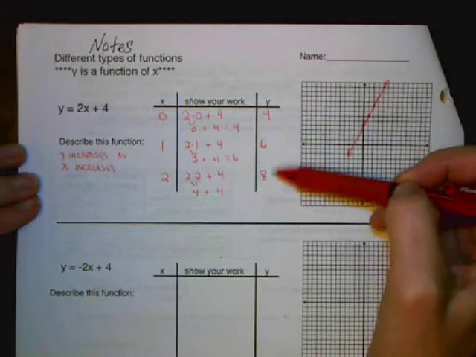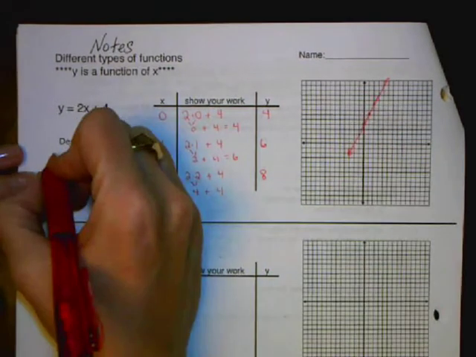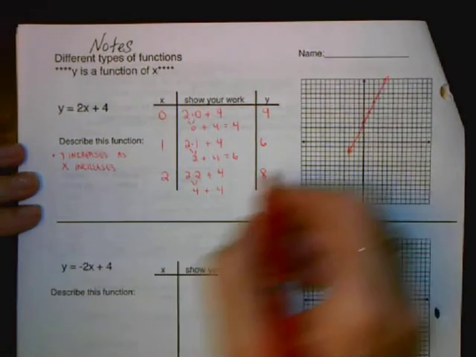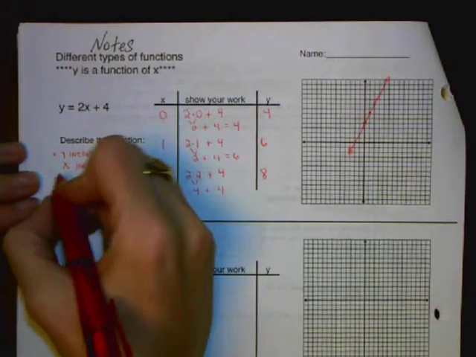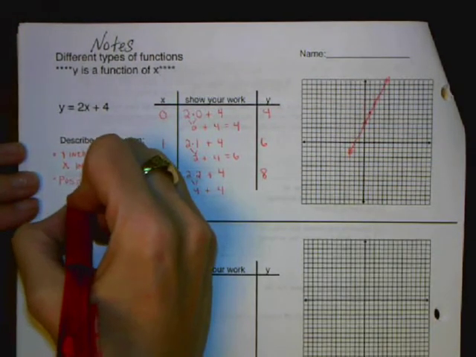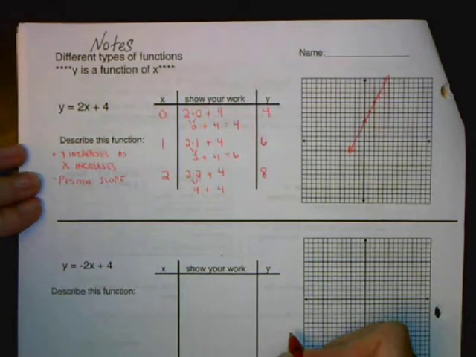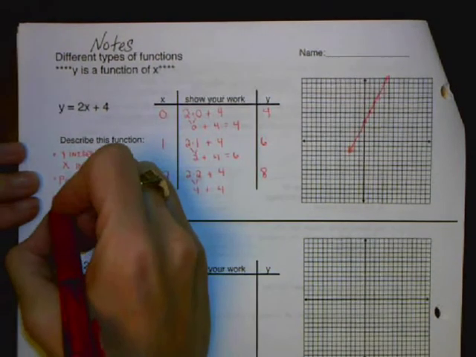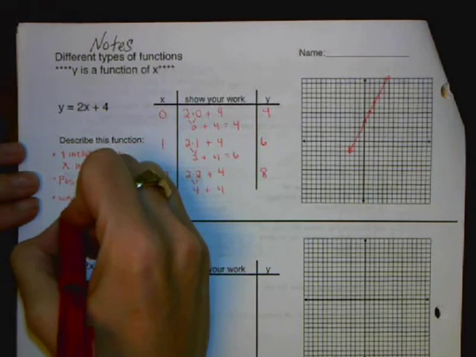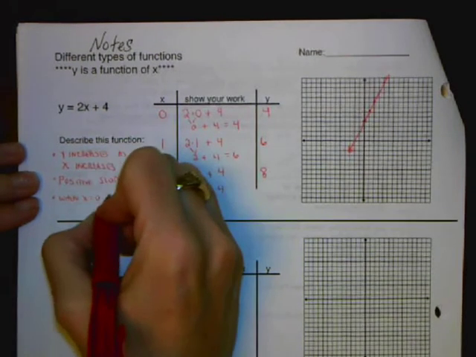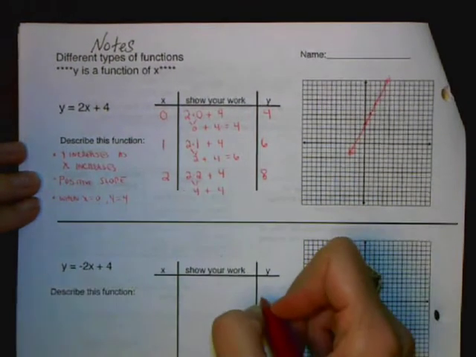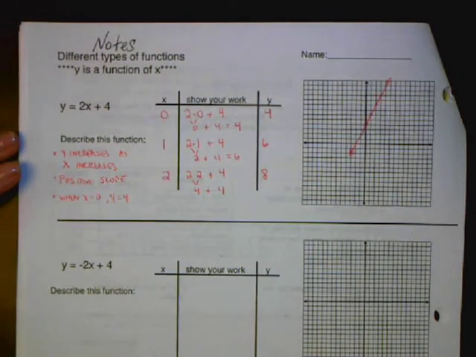Y went from 4 to 6 to 8, y was getting bigger. So that's one thing we might say. We might also say that this has a positive slope. We might say things like when x is 0, y is 4. You can imagine that we could describe this function in words a lot of different ways.